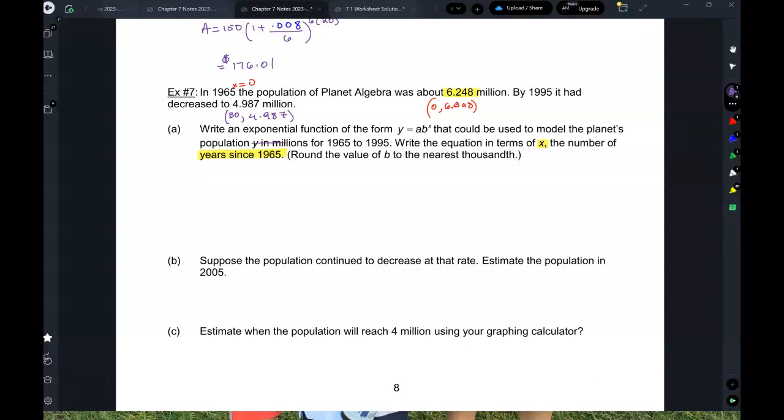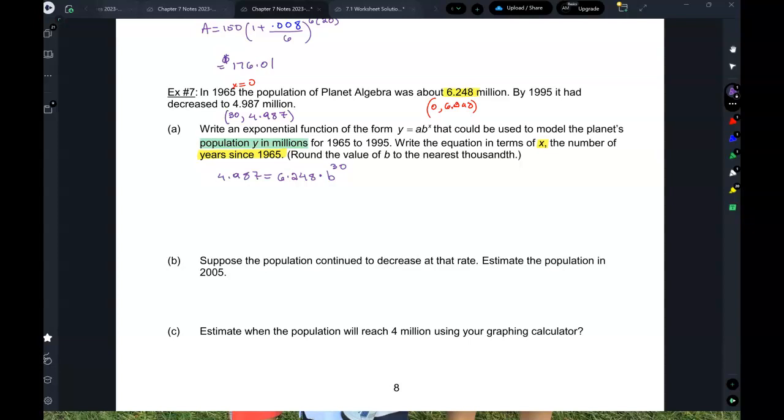When it says the population y is in millions, I can just write 6.248, but all my values are going to be in millions. So the final amount, 4.987, is equal to 6.248 times B to the power of 30. The initial amount is 6.248, 30 is X, 4.987 is Y.